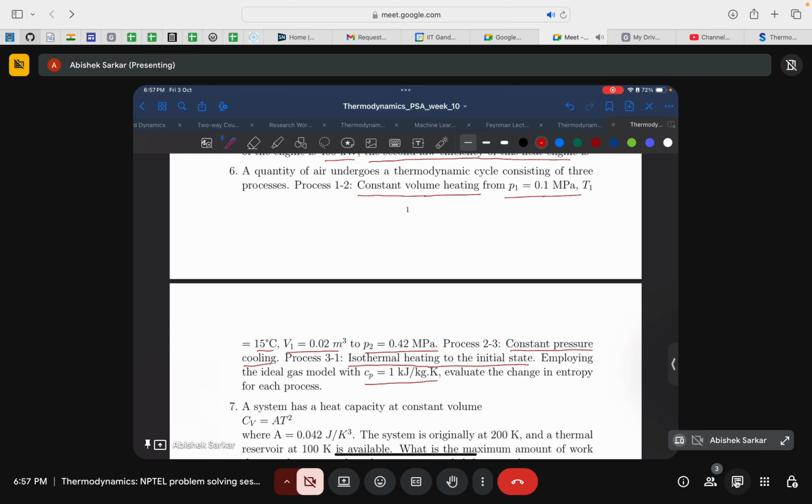The main task is to find the net entropy change for all the three processes. So you can try that out.